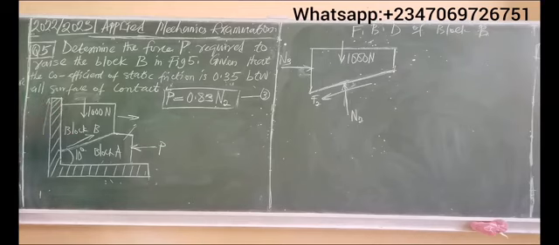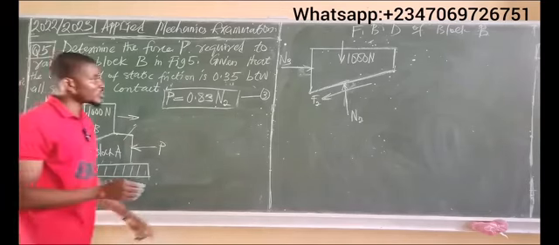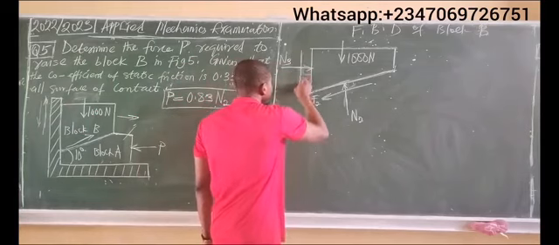Upwards, purely vertical. Motion over the incline is moving inclinedly upwards, but at this vertical plane, the motion is purely vertical, moving upwards. That means the frictional force will act downwards on this plane. So you have another frictional force acting downwards.